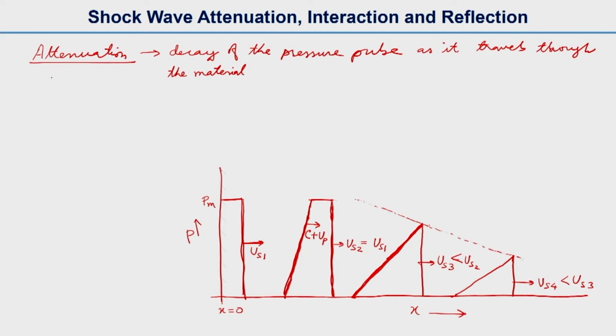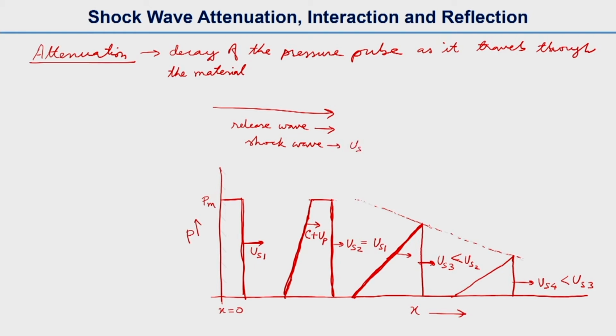As the wave progresses, the release wave overtakes the shock wave. So you have this shock wave, and here we have the release wave. The release wave is also travelling in this direction, and the shock wave is also travelling in this direction.